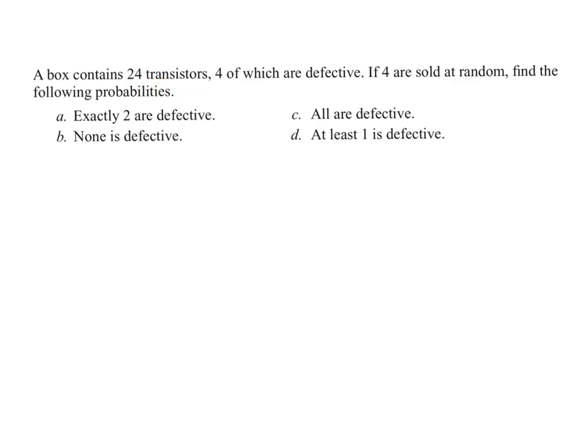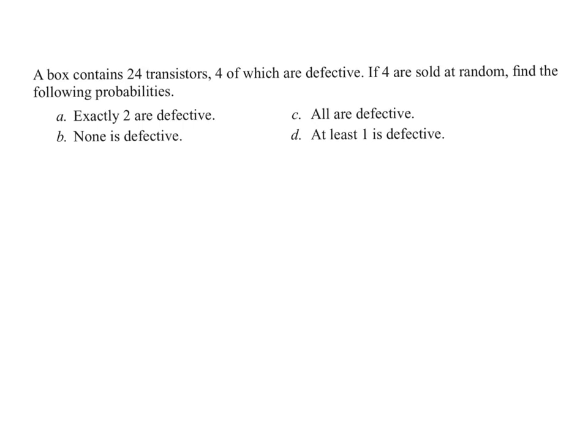There's a chance that some of those 4 transistors that are sold are defective. It may be that you happen to sell the 4 that are all defective and a person buys 4 defective transistors. It may be that none of them are defective, and it may be that some of them are defective. So what we're going to do is determine all the different probabilities.